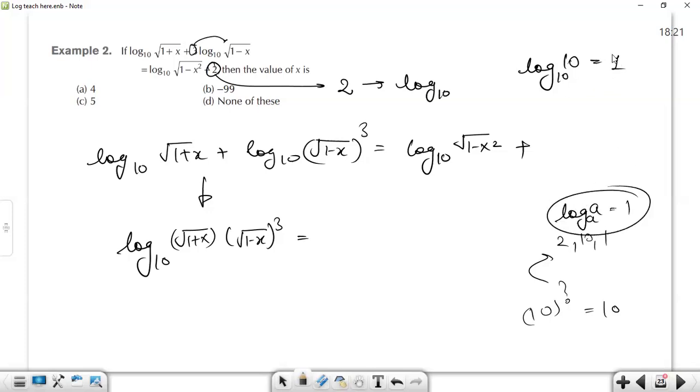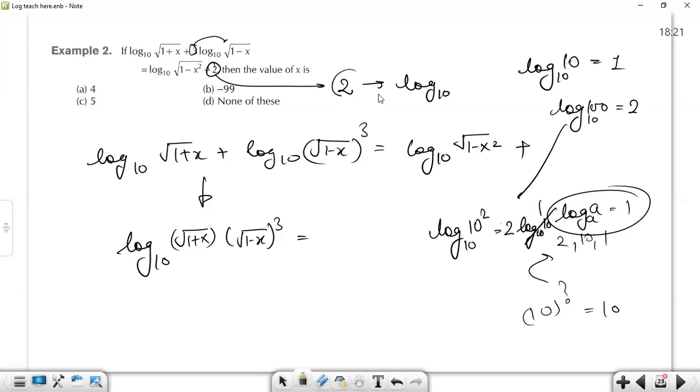So you just have to understand it. If this is 1, what is logarithm of 100 to the base 10? 2. Why 2? 10 to the power 2 gives you 100, so that's why. Yes, good. That is 1 and 2.